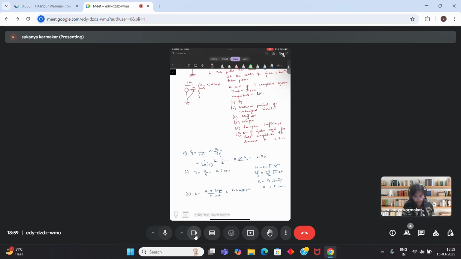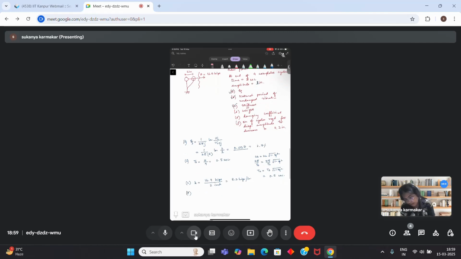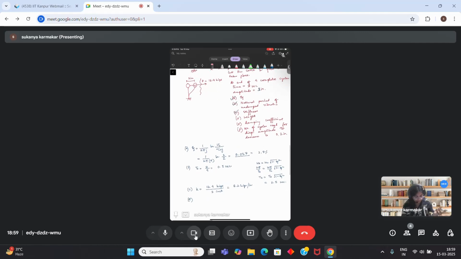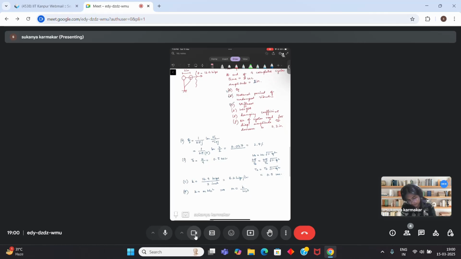Okay. So this is done, this is done, this is done. Now I want to calculate the weight. Now what you were suggesting, we can use that K is equal to M omega n square. Then M will be K by omega n square.